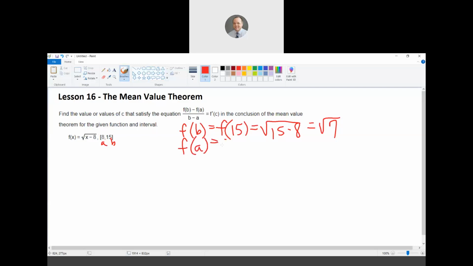And a is 8. And again, in your original function, replace your x this time around with 8. So we have 8 minus 8, which is square root of 0, or just plain old 0. Now let's plug everything in.